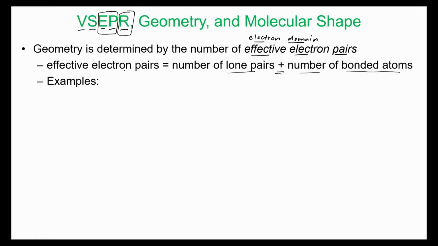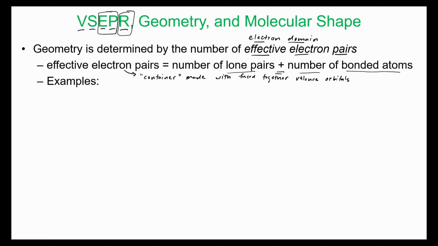So an effective electron pair is a container made with fused together valence orbitals.